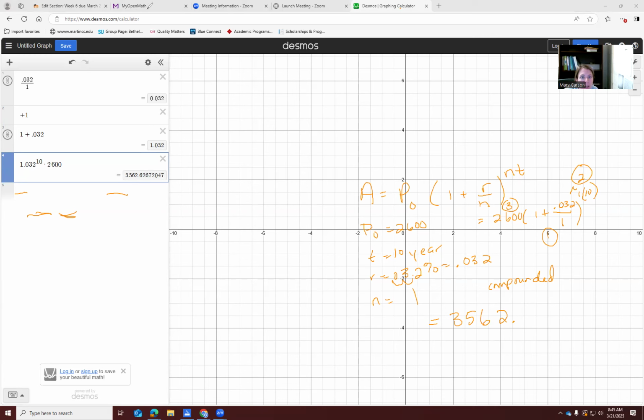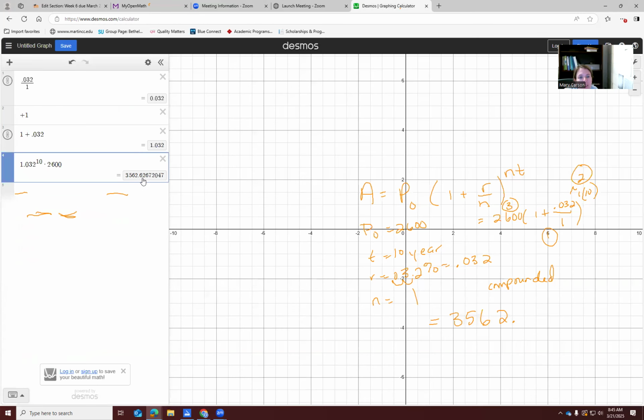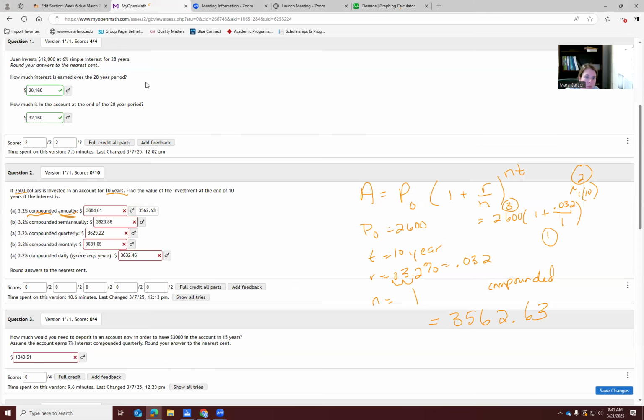Let's see what they wanted as our answer, rounding wise. It says round answers to the nearest cent. So if you look at 3562.6, this 2, you look at the 6 next to it, so that means it's 3562.63. Okay, so that's where that answer comes from.